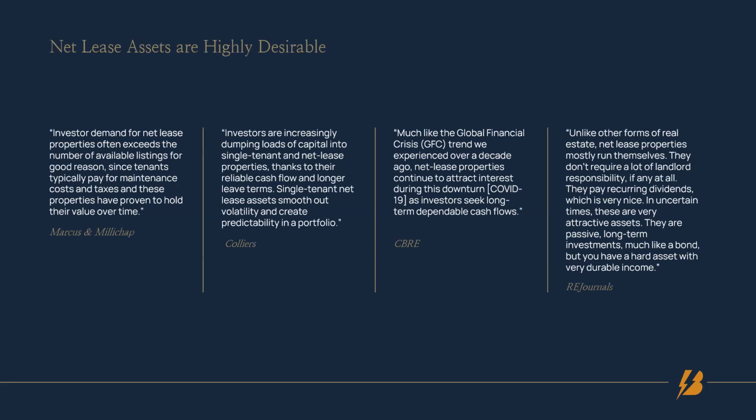It's very different from other types of assets that can be a little choppy at times. But the one cool thing about net lease is that no matter what happens, that lease gets paid every single month, and you as an investor can plan on that cash hitting your accounts on those specific days.